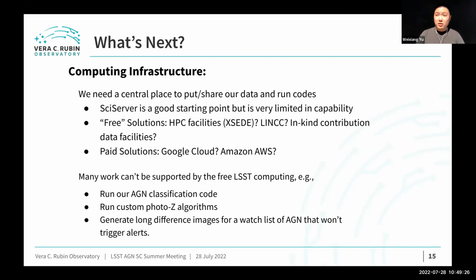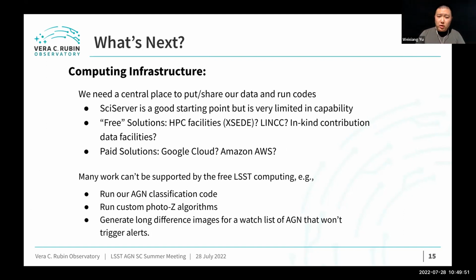Next, I would like to draw everybody's attention to the challenge of the lack of computing infrastructure again. I know that has been discussed in the previous 2 days. So we basically need a central place to share our data and run our codes, especially given that now we have in-kind contributions coming in. We need that infrastructure to collaborate.